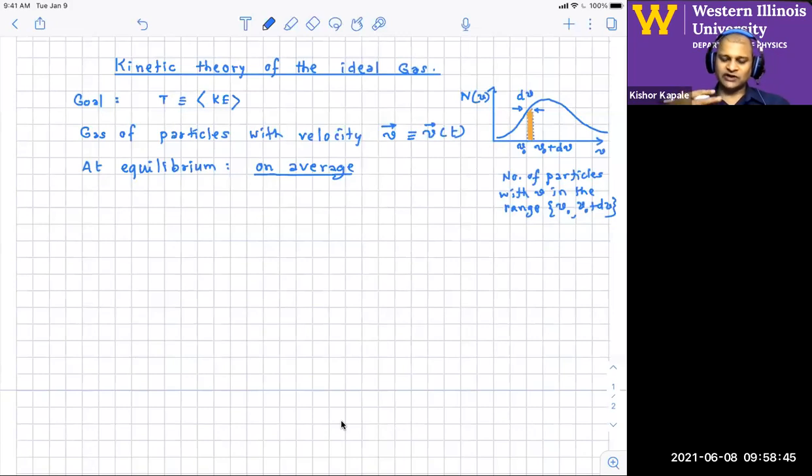Now, of course, we're jumping from a one-dimensional discussion here to three dimensions.